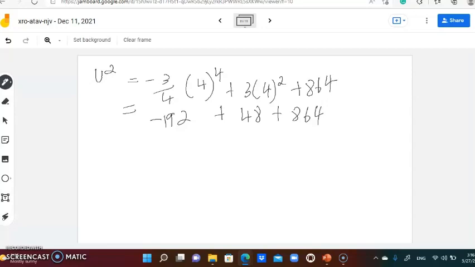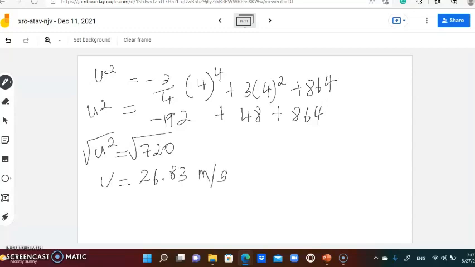Which is going to give me u squared being equal to 720. So I can square root both sides, which means u is going to be equal to 26.83 meters per second.